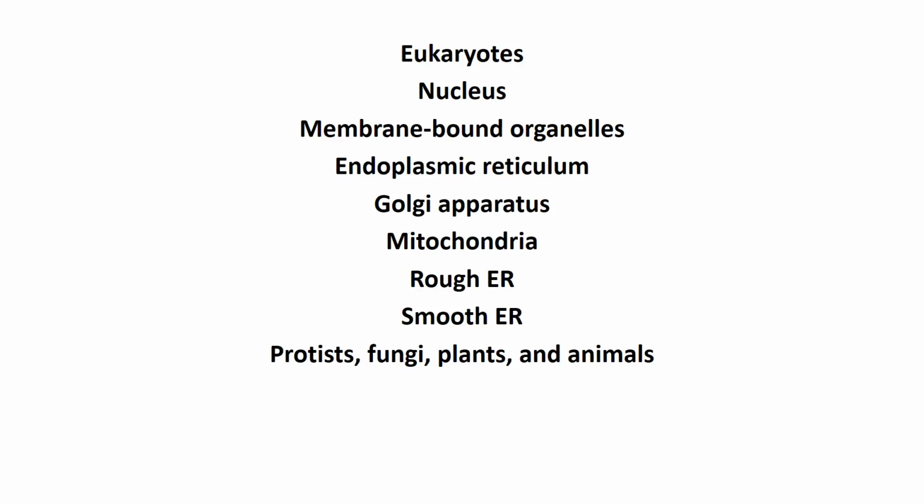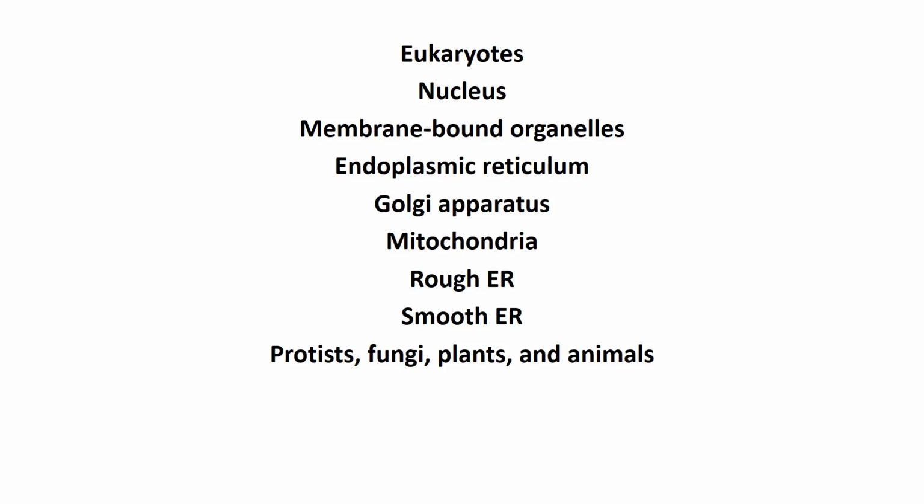This video was about eukaryotes. Eukaryotes are organisms whose cells contain a nucleus and membrane-bound organelles. And 3 examples of organelles found in the cells of eukaryotic organisms are the endoplasmic reticulum, the Golgi apparatus, and mitochondria.